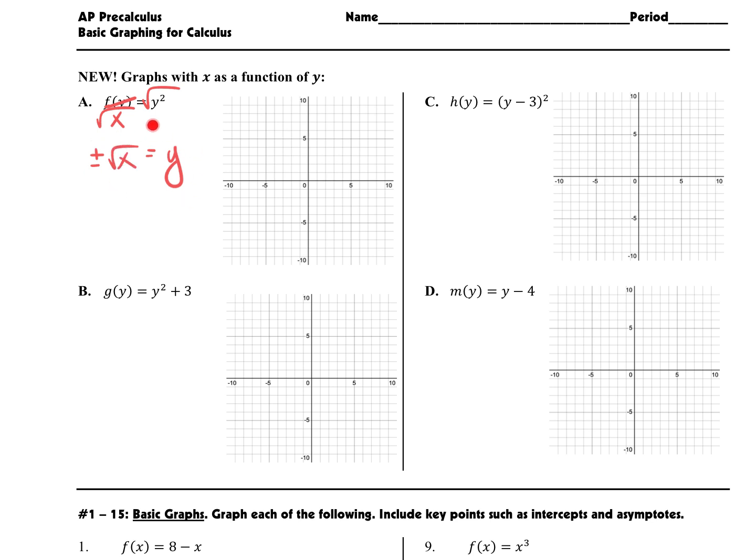Well, this is now an equation that we absolutely know how to do. It's just two equations put together. It's y equals the square root of x and y equals the negative square root of x. So all we need to do is graph each of these separately. Really, we're going to graph one and then reflect it. So remember, if we were just graphing y equals square root of x, we would have a point at 0, 0, a point at 1, 1, a point at 4, 2, and a point at 9, 3.